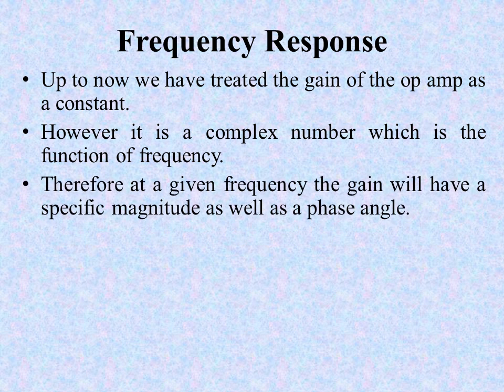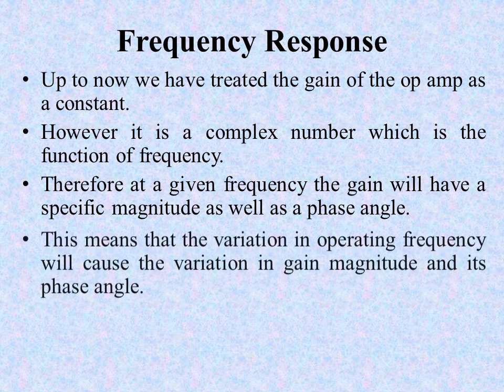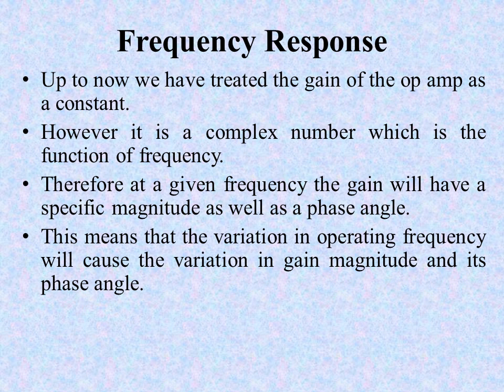Therefore, at a given frequency, the gain will have a specific magnitude as well as a phase angle. What does this mean? This means that variation in operating frequency will cause variation in gain magnitude and its phase angle.